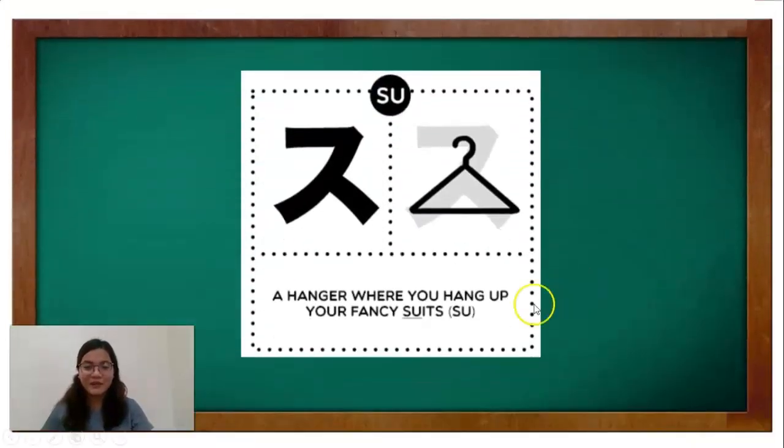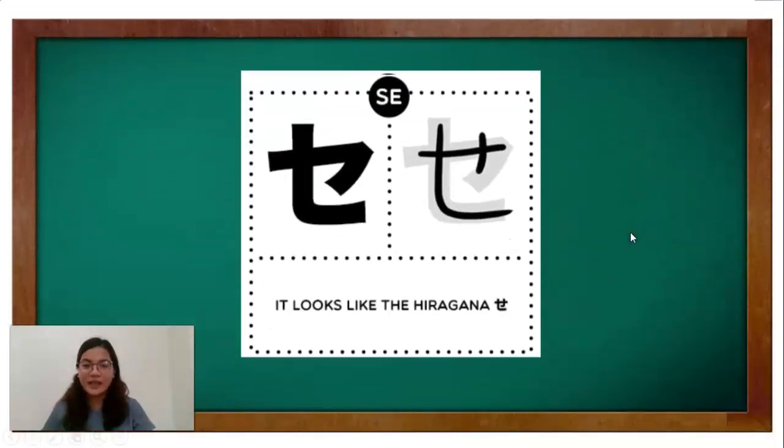Okay, next, su. A hanger where you hang up your fancy suits. So, su as in suits. Okay? Next, se.